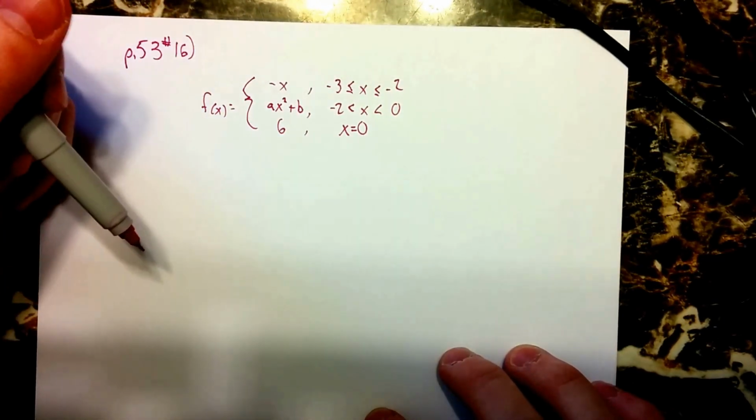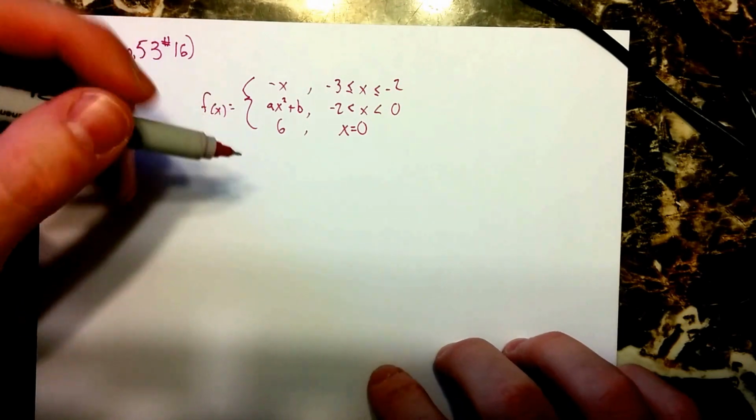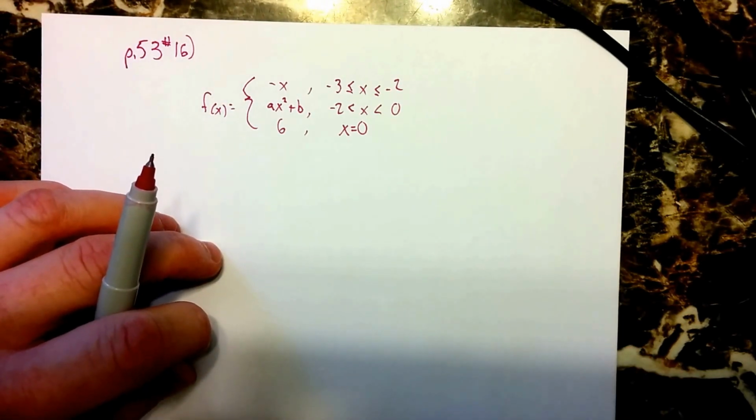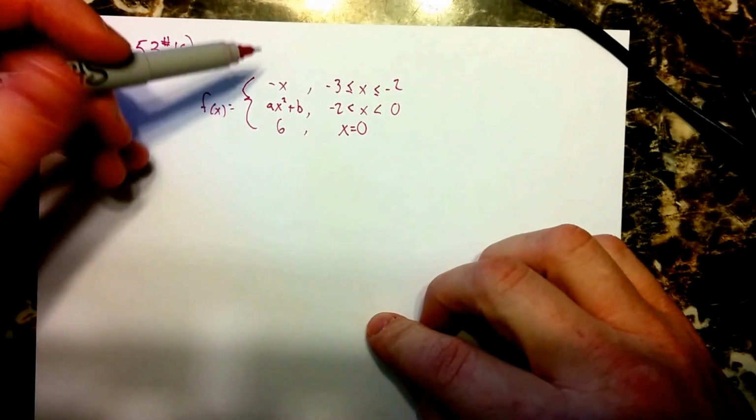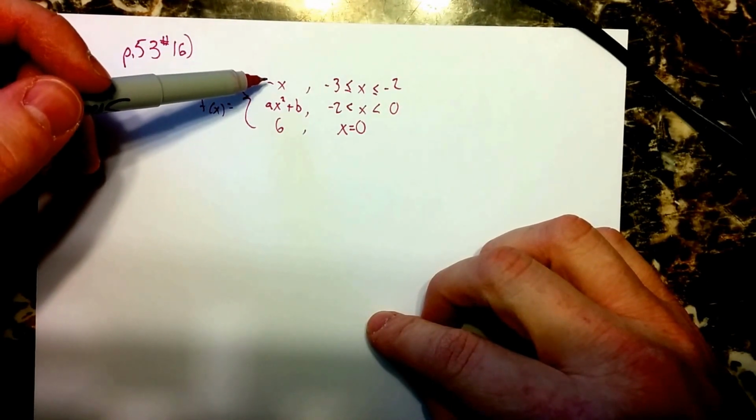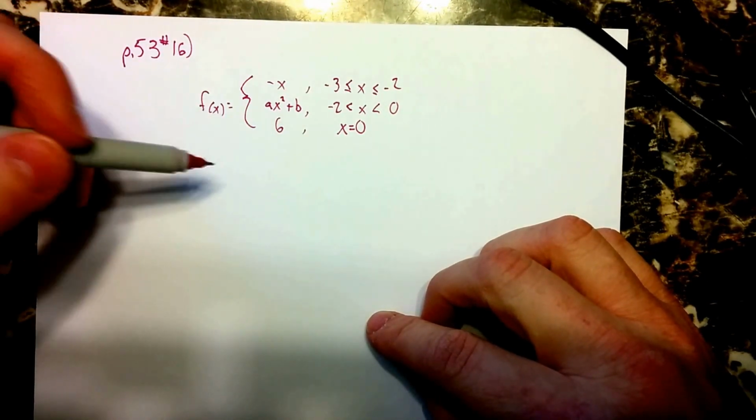-3 to 0. So the way we're going to do this is we're going to take a look at our one-sided limits, because as we can see, the function's made up of polynomial, polynomial.